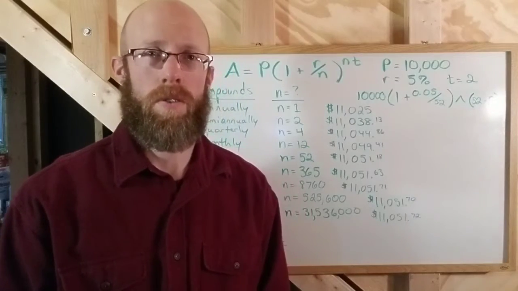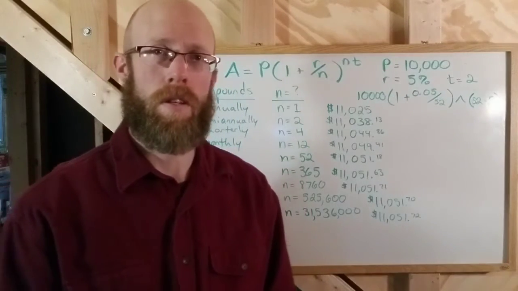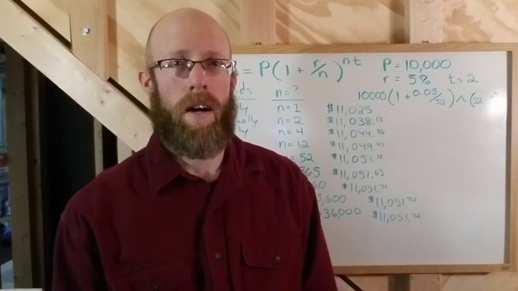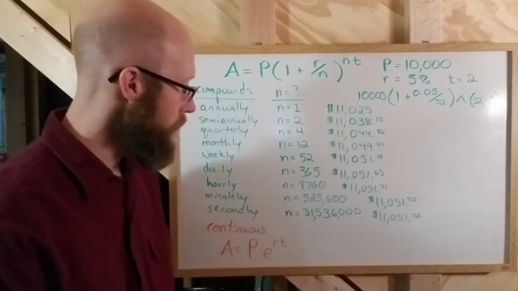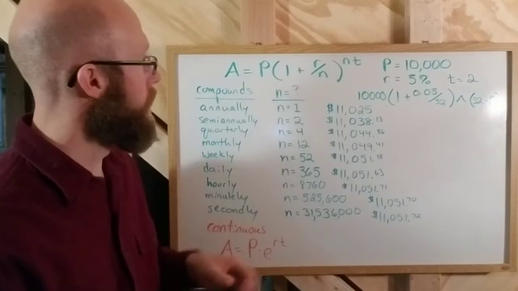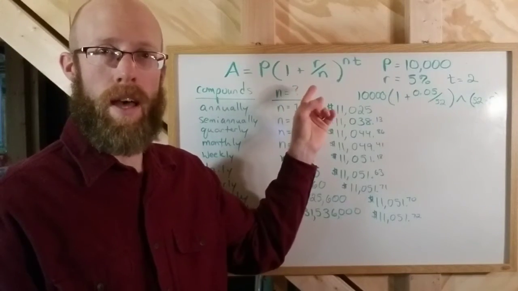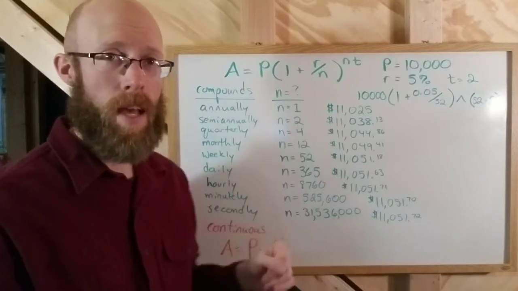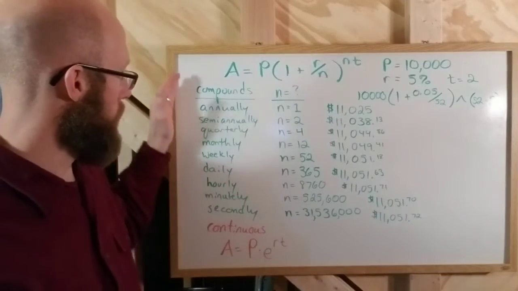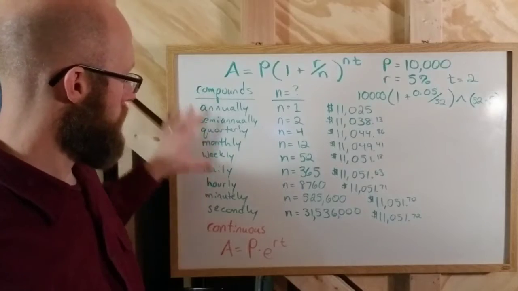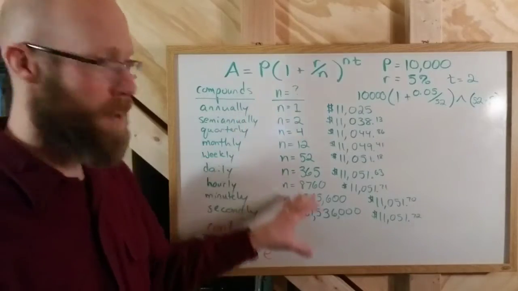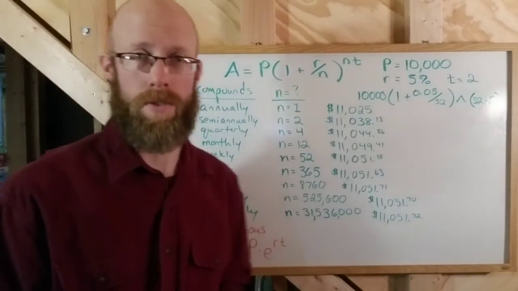I did want to finish off this compound interest conversation that we had on Wednesday. We started out working with the compound interest with n compounds per year, and we had all these different n values based upon the compoundings, right?